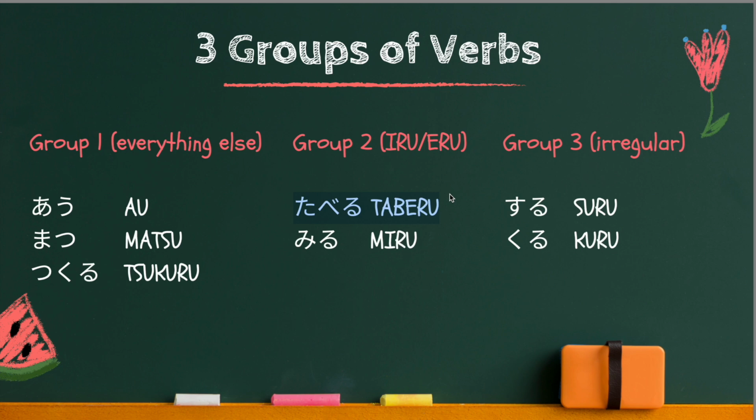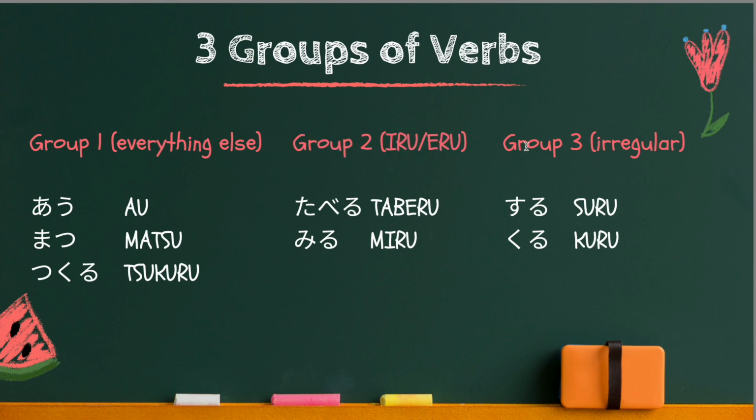Masu form is a polite form. Miru means to watch. This is a dictionary form. So once again, group 2, iru eru group. If the dictionary form verb ends in iru or eru, it should be group 2.